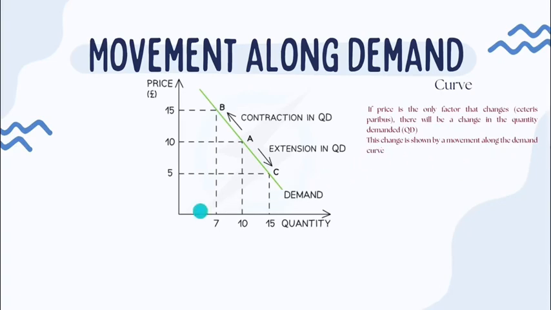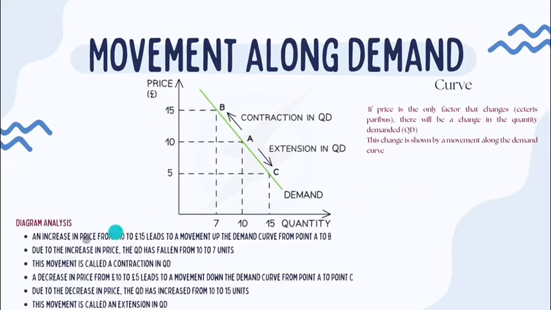Imagine we have an increase in price from $10 to $15. This leads to a movement up the demand curve from point A to point B. Due to the increase of the price, fewer people want to buy the product, so the quantity demanded has fallen from 10 to 7 units. And this movement is called contraction of the quantity demanded.